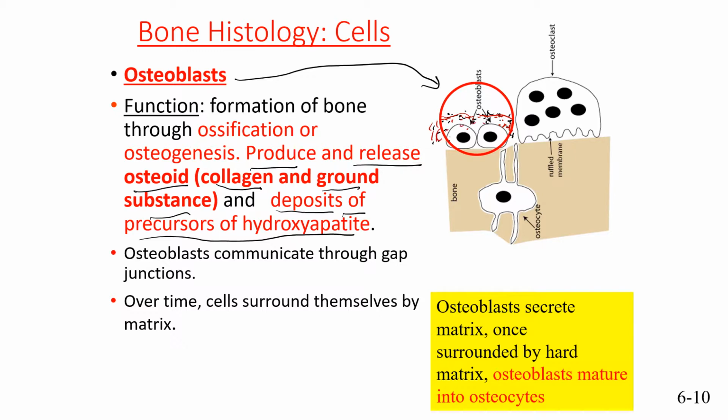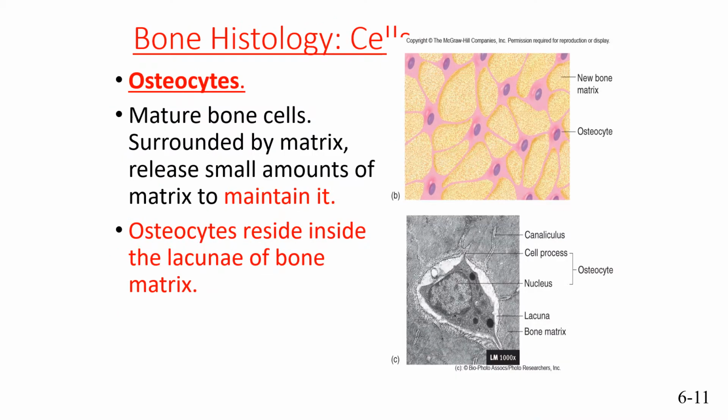When an osteoblast is completely surrounded by bone tissue, it changes into a mature bone cell called an osteocyte. The mature bone cell is called an osteocyte, and it is found embedded in the matrix of the bone tissue.